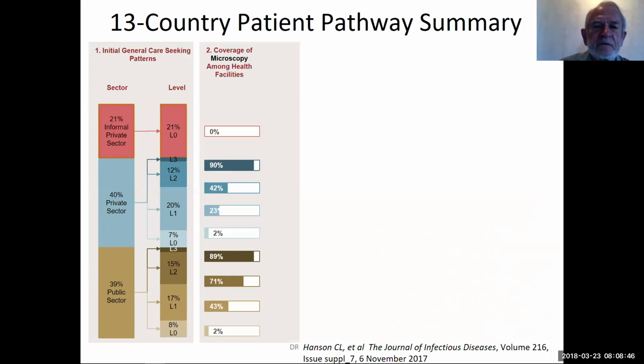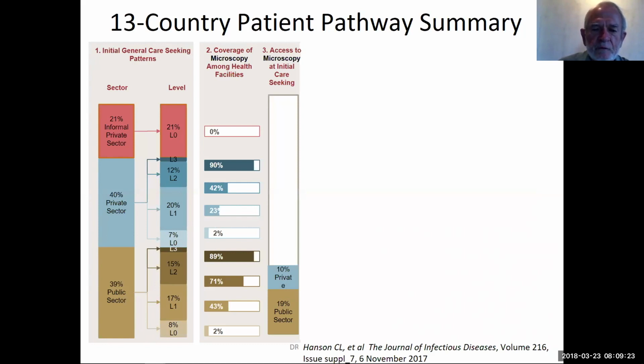Now, looking at the coverage of microscopy among those facilities that patients visit, she found that most of the level 3 facilities in the public and private sector have the ability to make a diagnosis of tuberculosis using sputum smear microscopy. About half of the level 2 facilities and a very small percentage of the level 0 facilities had smear microscopy capacity.